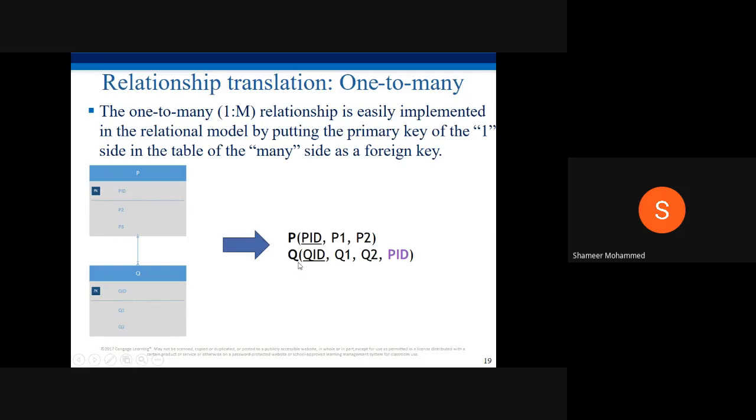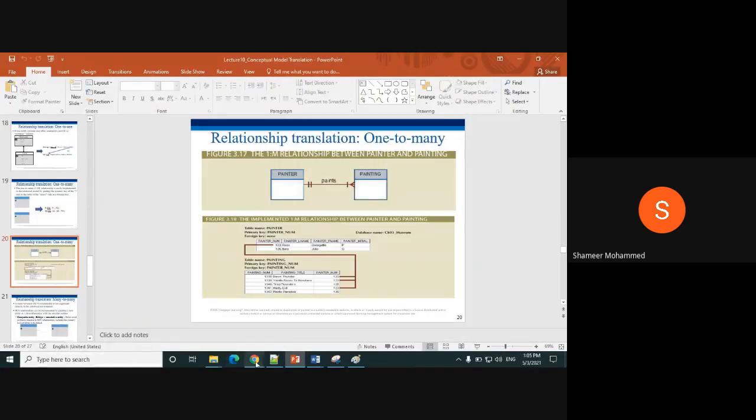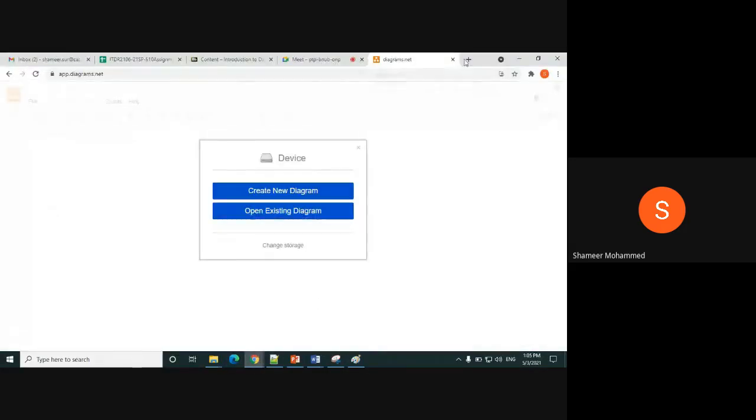This is the rule you have to follow. One-to-many relationship you have. Example like this, see here. Painter will paint the paintings. You know painter, no? Painter.